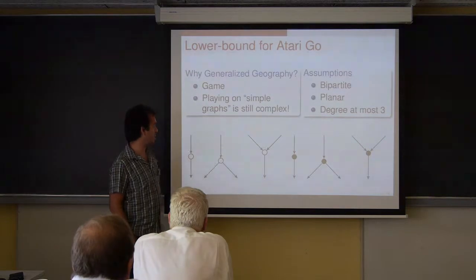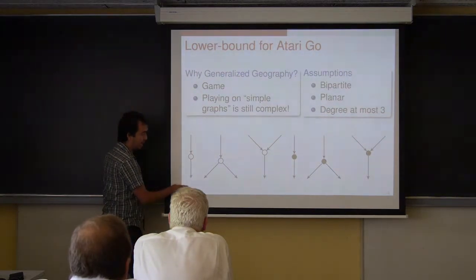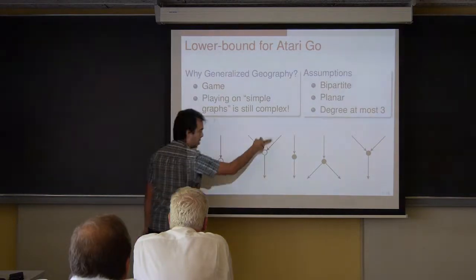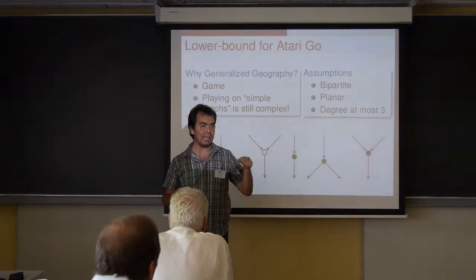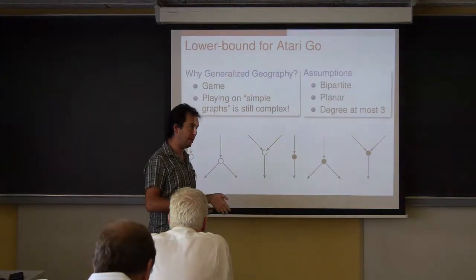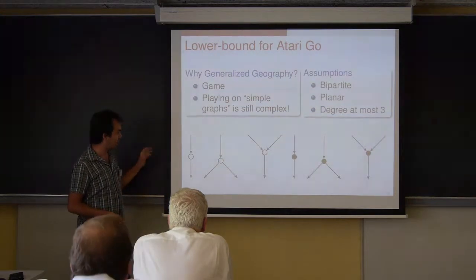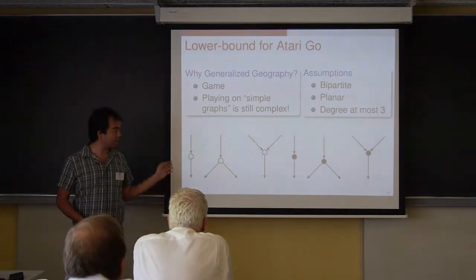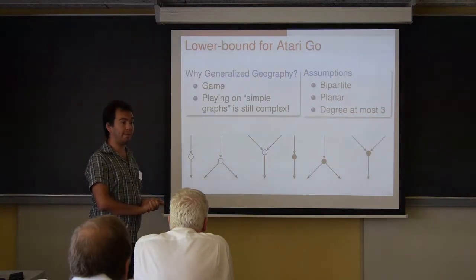Because degree is at most 3, you get 1 in 1 out, 1 in 2 outs, 2 ins 1 out. You actually also get 3 in 0 out, and 0 in 3 outs, but those can be removed in the preprocessing step. So you get 6 different types of nodes, and you have a planar graph.